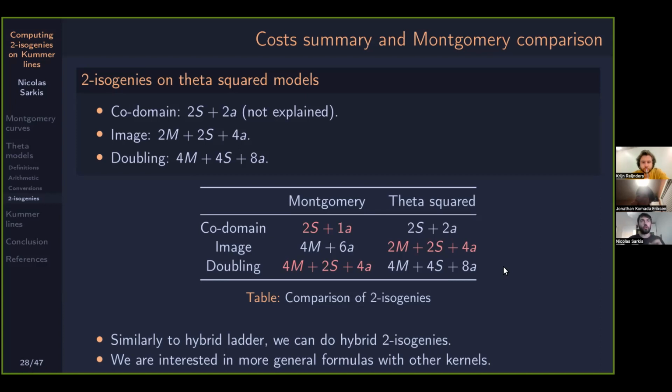So the cost of your codomain gets bigger because you have more constants to compute, to do images on one and doubling on the other. You need all the constants, so you have bigger codomains, and that's where we would be losing to chaining isogenies on Montgomery curves, for instance. So this is not faster for chaining formulas, but it could be possible to do hybrid 2 isogenies.